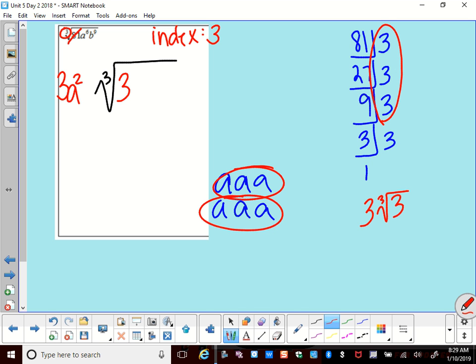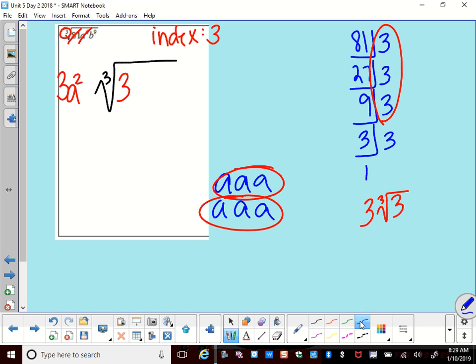I'm just breaking it down piece by piece. So my A's are now done. Because I had 6 A's and I needed a group of 3, I have two groups, so that means A, and then the 2 means how many groups I have.